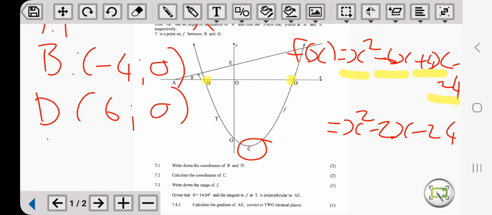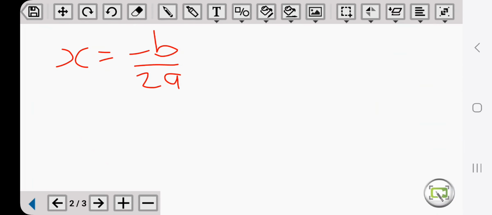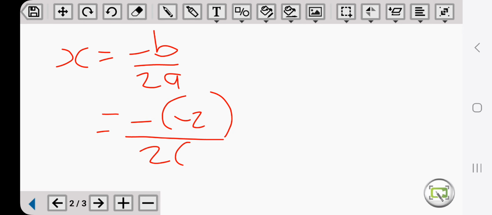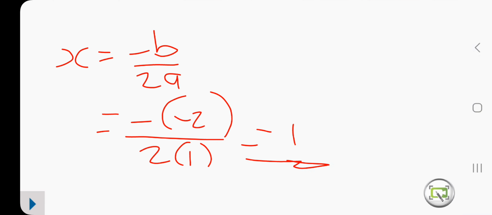Let's quickly go and sub them. Our b is -2 and our c is -24. A will only be 1. So subbing them in our formula, we then have -2 over 2 times 1. And that leaves us with 1 for the x value.